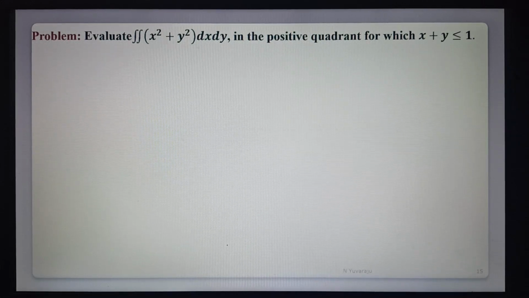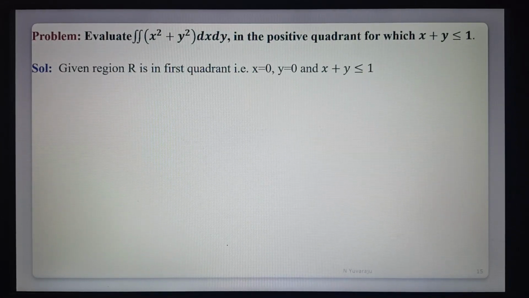So the first example: evaluate the integral of x square plus y square into dx dy in the positive quadrant for which x plus y is less than or equal to 1. Here the given region R is in the first quadrant.